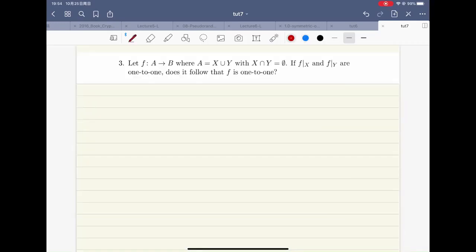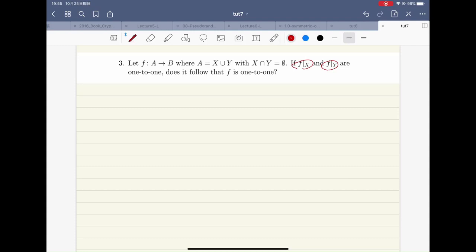Here, question 3, we have: let f map from A to B, where A equals X union Y, with the set X intersect Y equals the empty set. Here we have two restrictions, and f restricted to X and f restricted to Y are one-to-one. Does it follow that f is one-to-one?